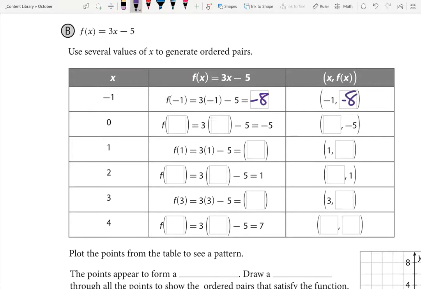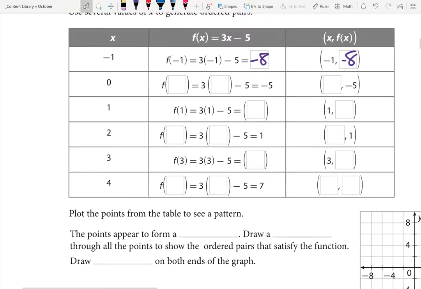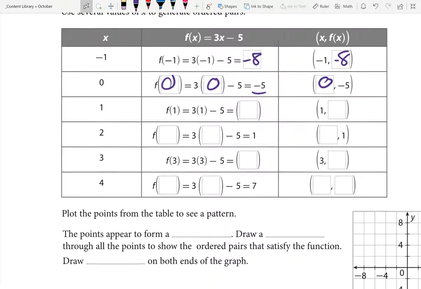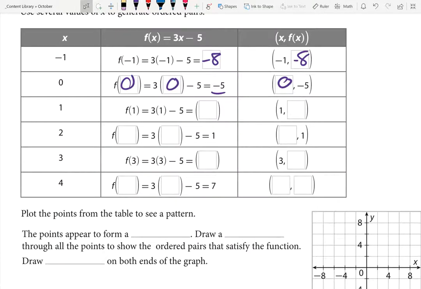So they would have the point -1, -8. They've selected to plug in 0, and when you plug in 0, you're going to have 3 times 0 minus 5, which is -5. So you plug in 0, you get -5. There's another ordered pair, another point that we'll graph. When they plug in 1, they get the answer of -2. So when you plug in 1, you get a result of -2.